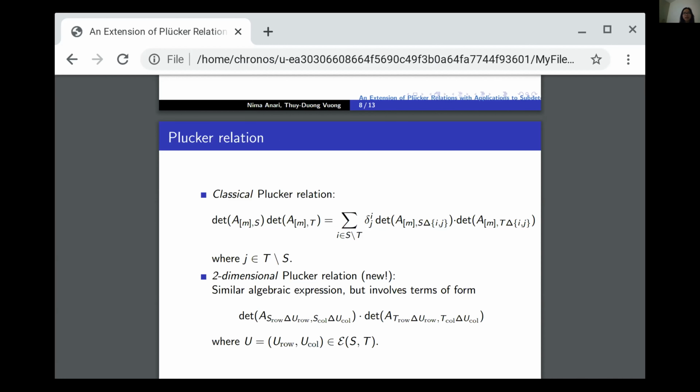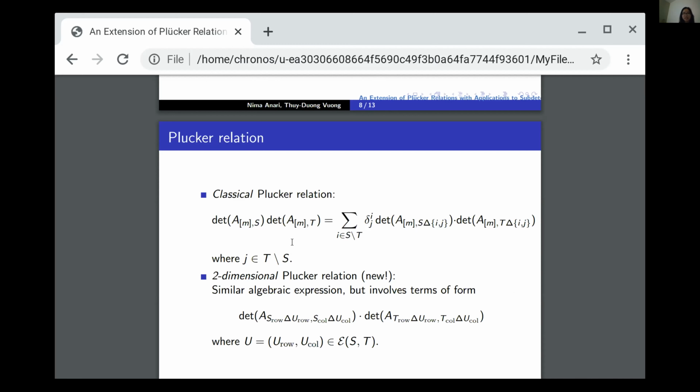In order to get this approximation ratio, we introduce a new analog of the classical Plücker correlation. The classical Plücker correlation is an algebraic expression among maximal minors of a matrix. The 2-dimensional version is also a similar algebraic expression, but the rule for which terms are included changes a little bit.